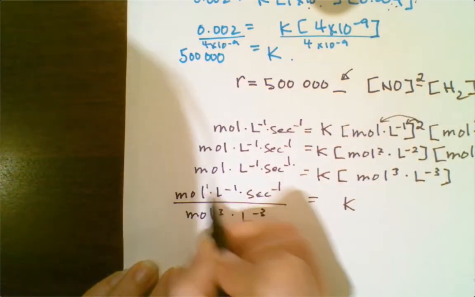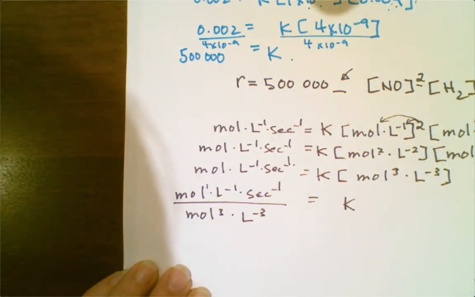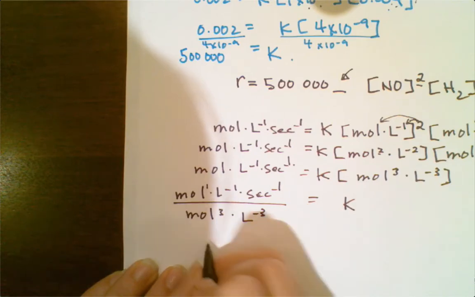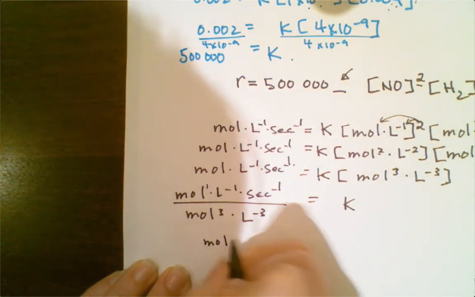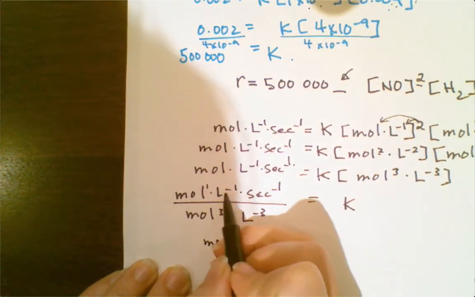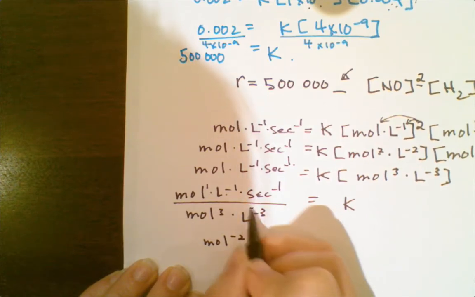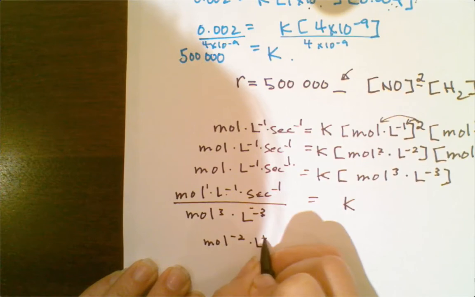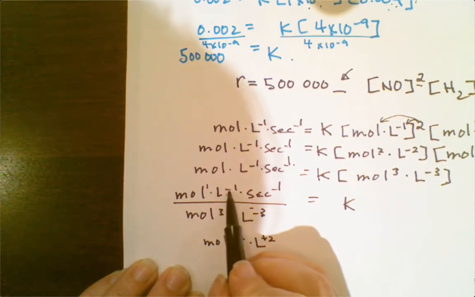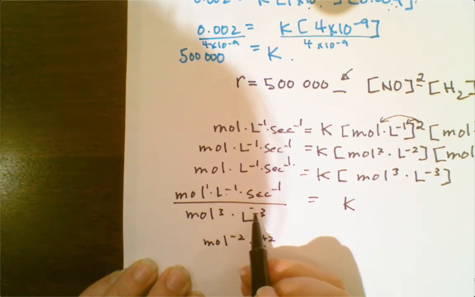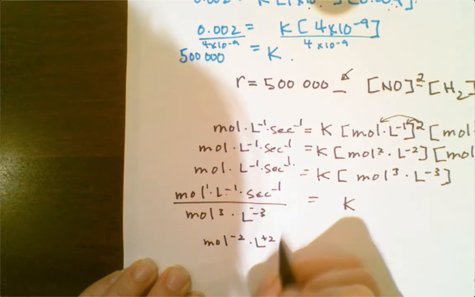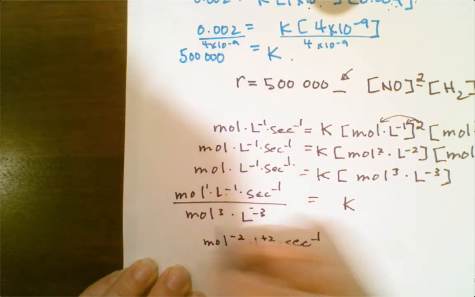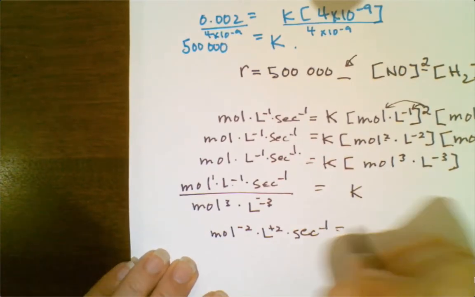So moles to the 1, because remember there is no value there, so we just assume it's a 1. 1 minus 3 becomes moles to the -2. -1 subtract -3 becomes liters to the +2, because a negative minus a negative. And then we still just have seconds to the -1 because there is nothing in the denominator, equals k.